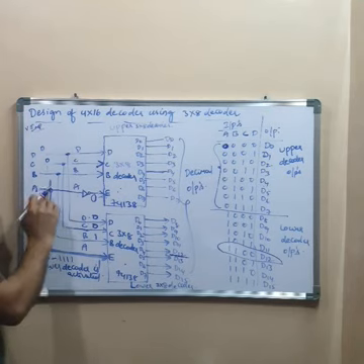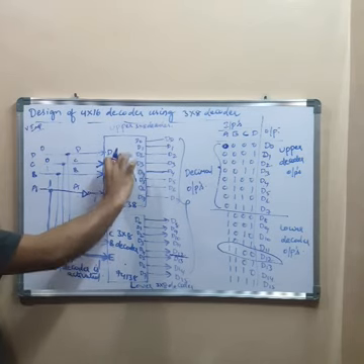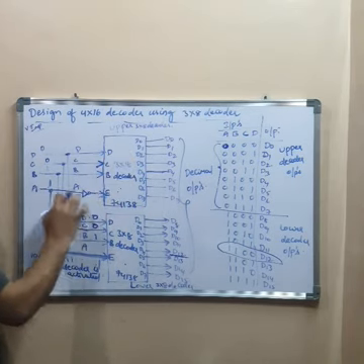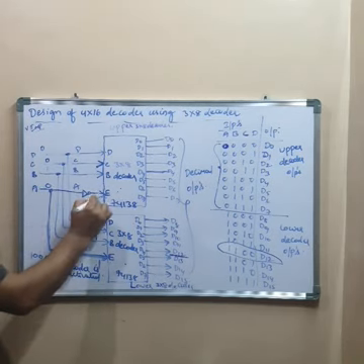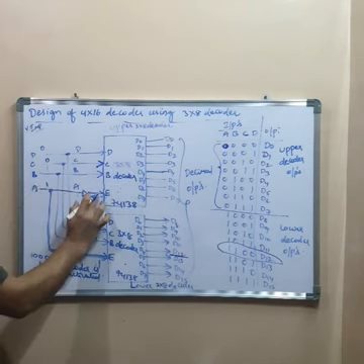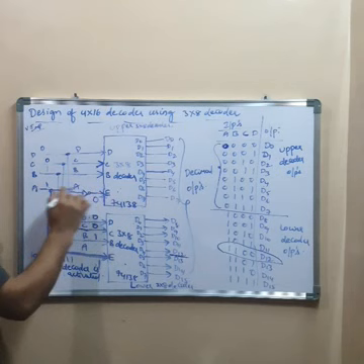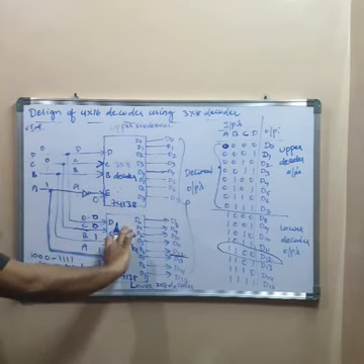right? For the first 8 combinations, this will be 0, so this will become 1. This upper decoder is enabled. For the next 8 combinations, this will be 1 and this is 0. This will be disabled and this 1 appears directly here and this decoder will be enabled.